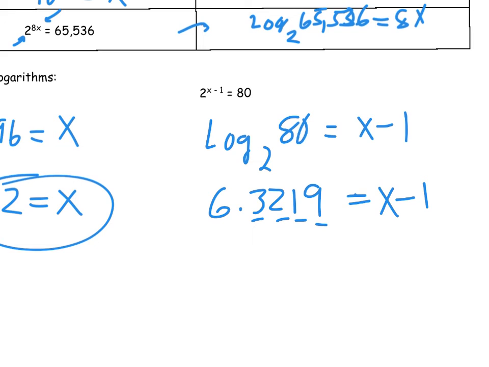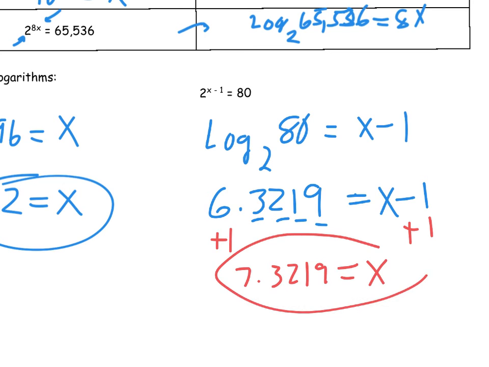So I'm going to add 1 to both sides. It's that simple. So I got 7.3219 equals x. And that's it. That's logarithms. There should be a button on your graphing calculator if you've got one. But yeah, you can just use Desmos to plug in these logs.